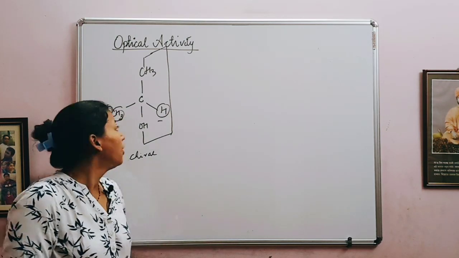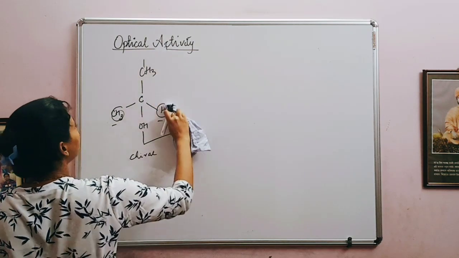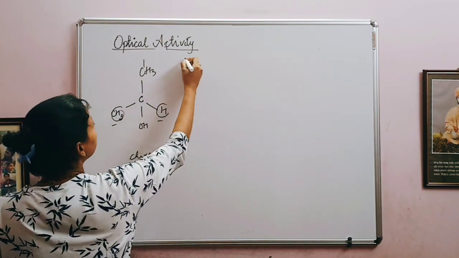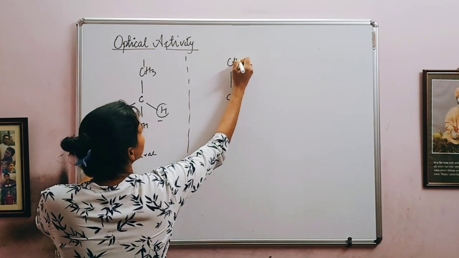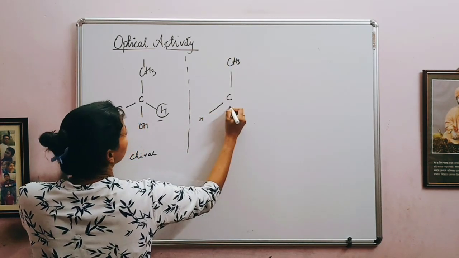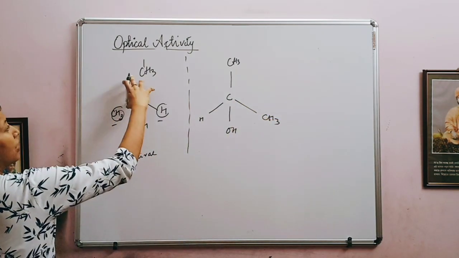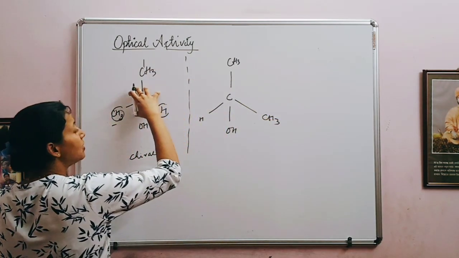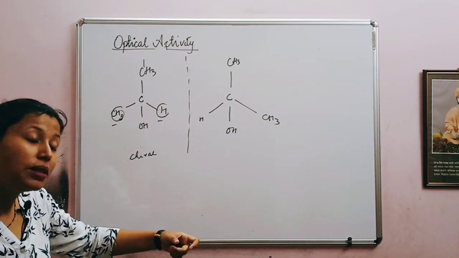Now, if I draw the mirror image of this molecule, we will get CH3, H will come here, this is OH and this is CH3. If we try to superimpose this molecule on this, we can see that it is not superimposable.